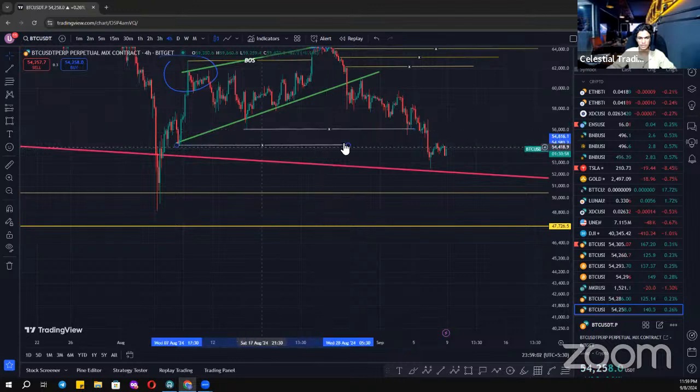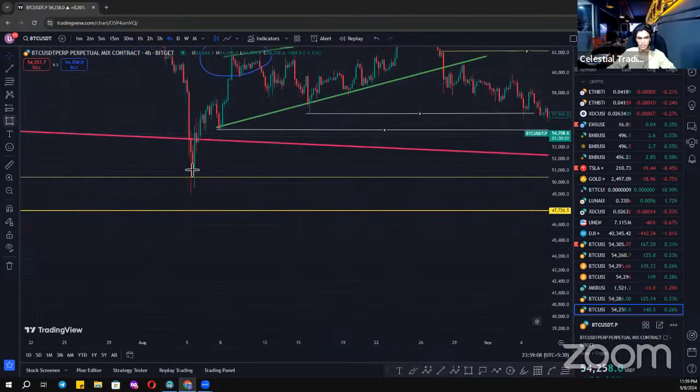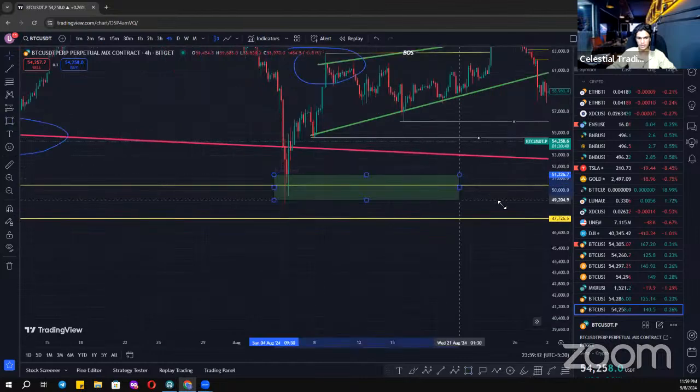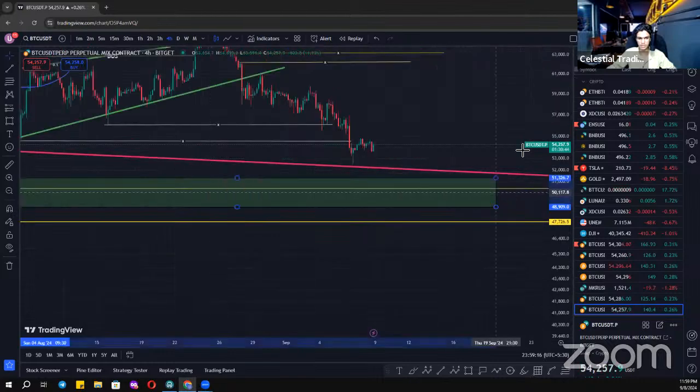You can see the market has taken the liquidity, and the only area that the market respected for the last 2 days was this area, this strong support.